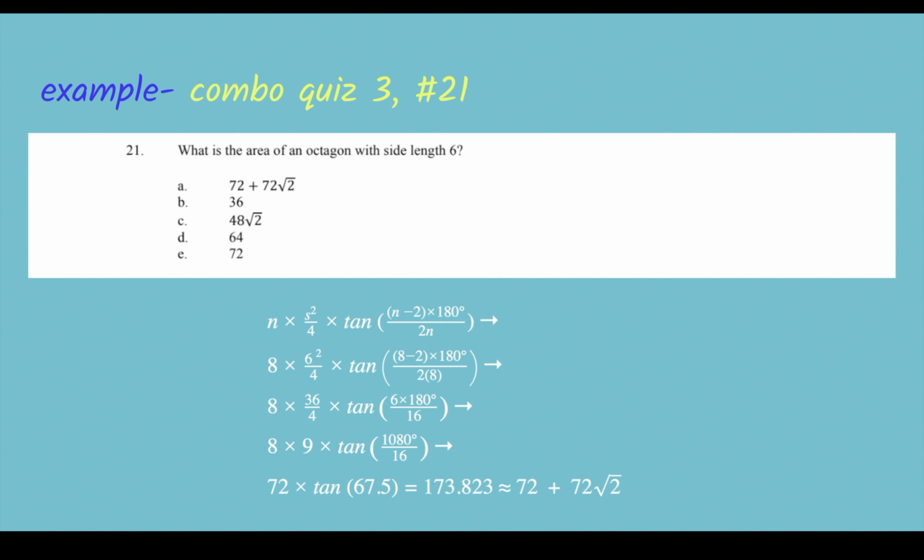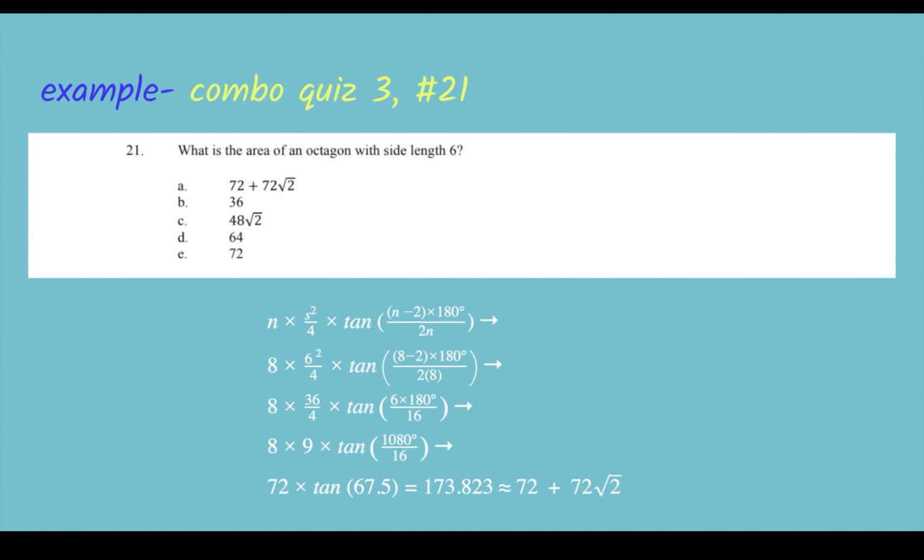And so the equation is now 8 times 6 squared over 4 times tangent, parentheses open again, 8 minus 2, parentheses close, times 180 degrees over 2 times 8, parentheses close.